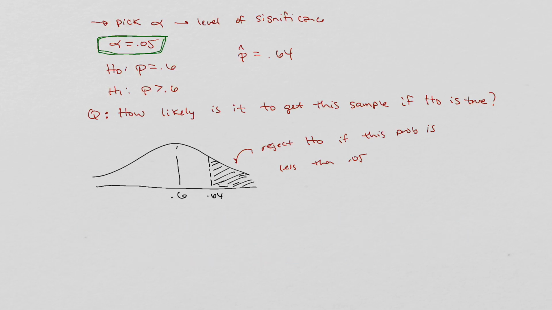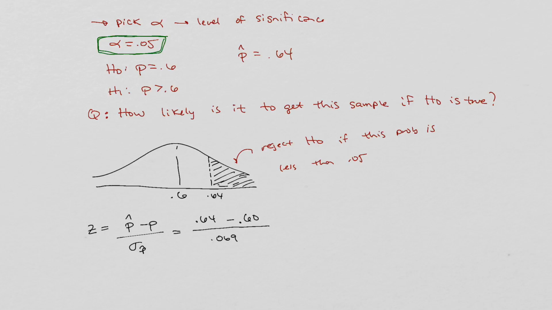So let's get our z-score, which, if you remember, is the observed value p hat minus the claimed value p over the standard deviation. So in this case, p hat is 0.64. P comes from the null hypothesis, that's 0.60, and the standard deviation we found to be 0.069.